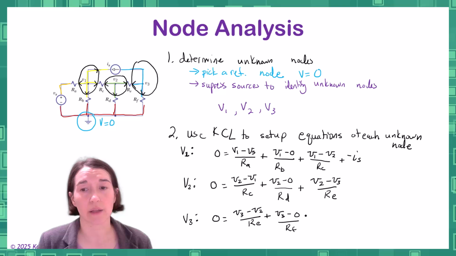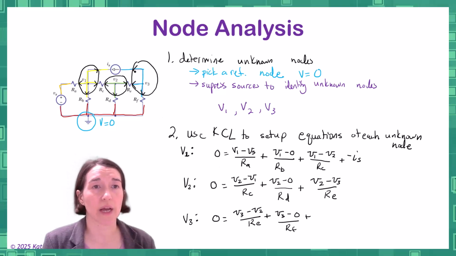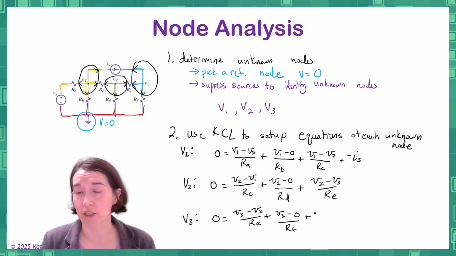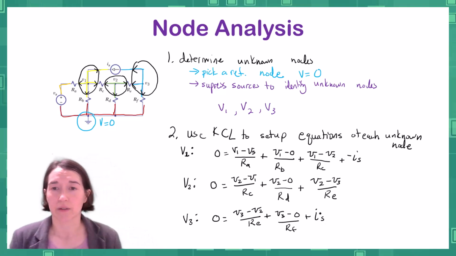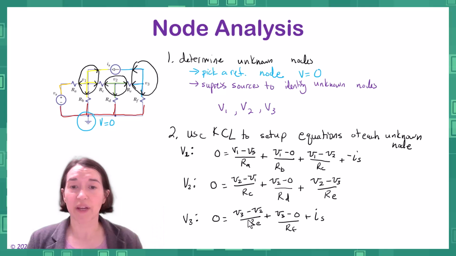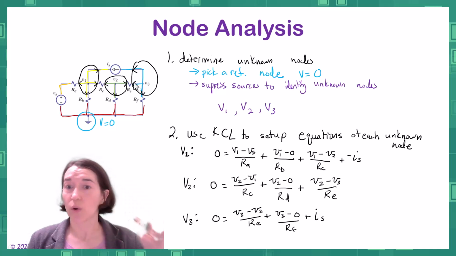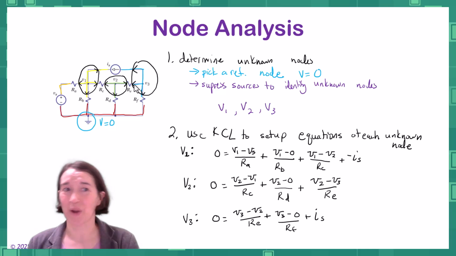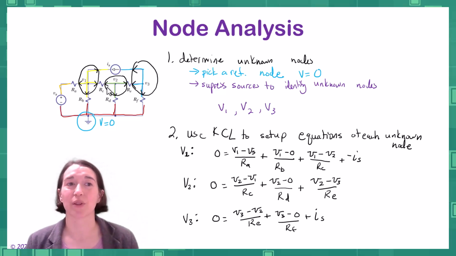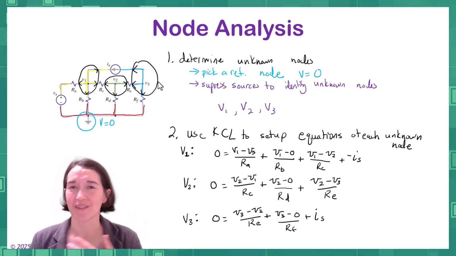And the last one is the current going out of here. We know it's Is because it's an independent source. So you may notice that there are opposites here. We're defining the current into and out of each one. It's okay because they're currents going in opposite directions, but they're affecting each node in opposite directions. So that's why they're there.